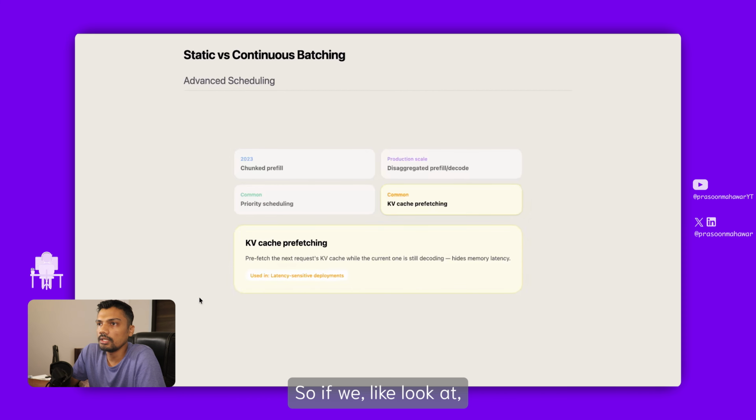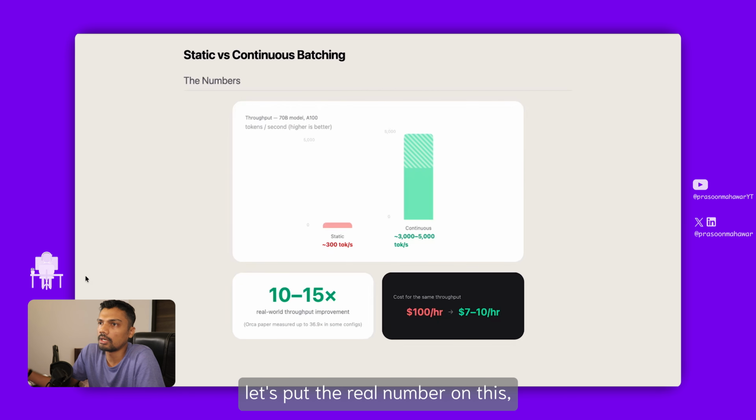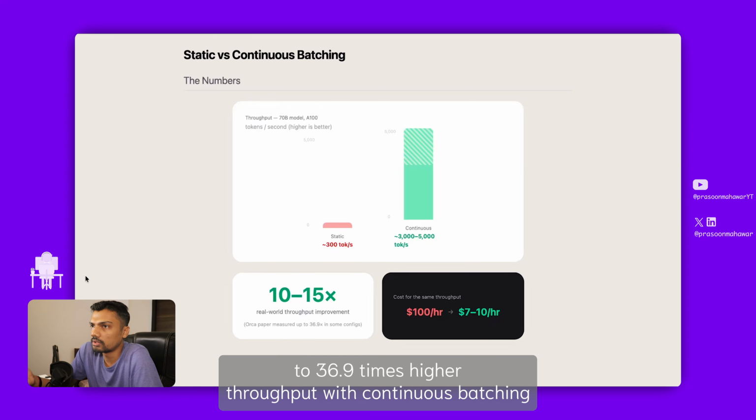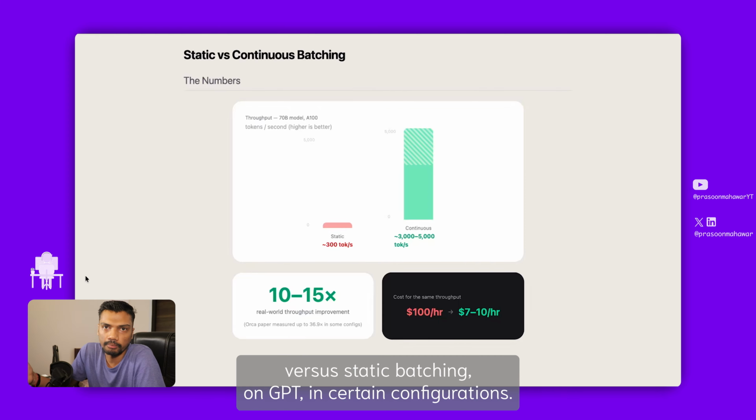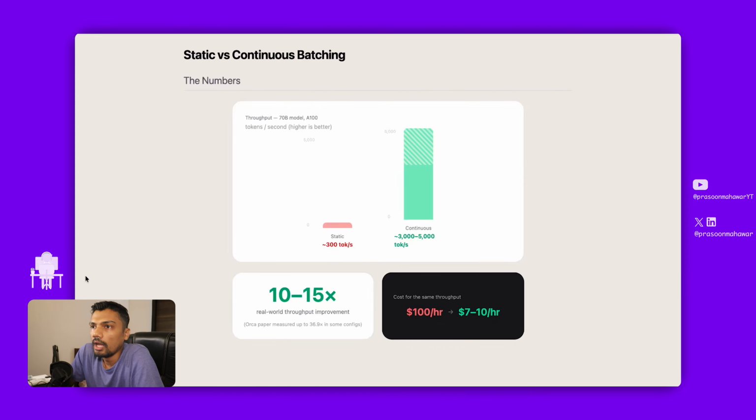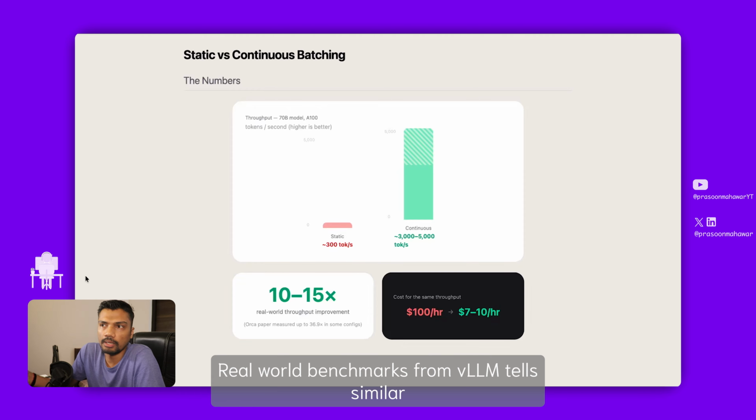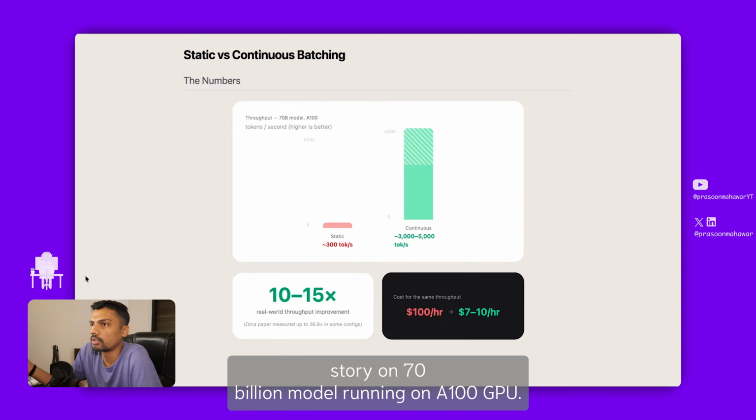Let's put real numbers on this. The original Orca paper measured up to 36.9 times higher throughput with continuous batching versus static batching on GPT in certain configurations. Real-world benchmarks from vLLM tell a similar story on a 70 billion parameter model running on an A100 GPU.